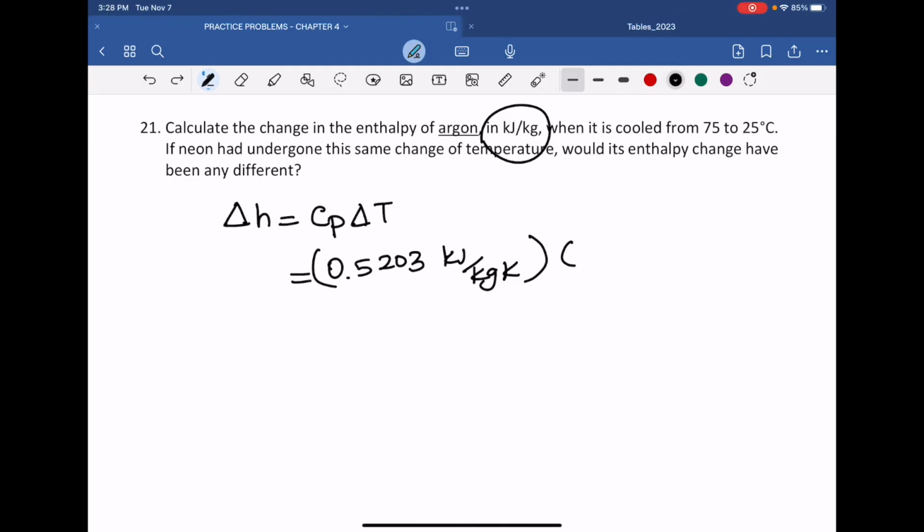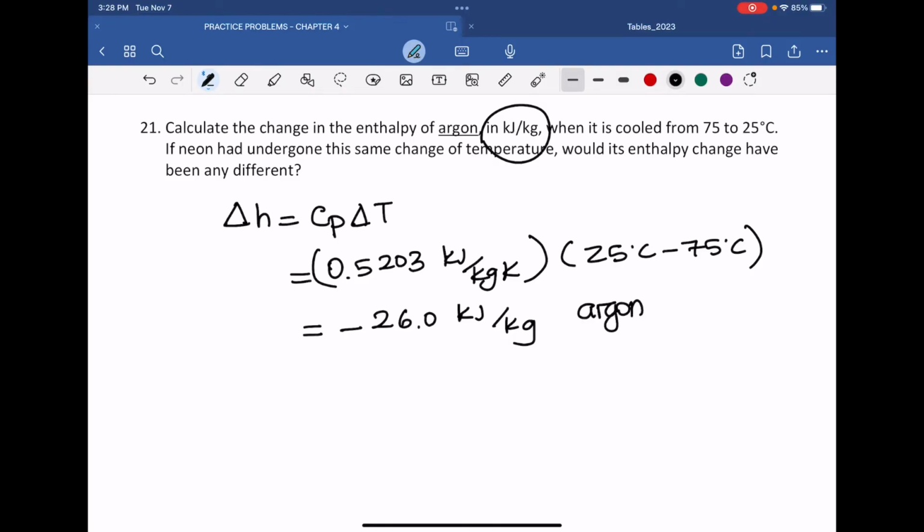So the temperature at the second state is 25. So it is decreasing the enthalpy. And if this is for the argon, we can repeat it for the neon in the same way. The Cp is just gonna change.